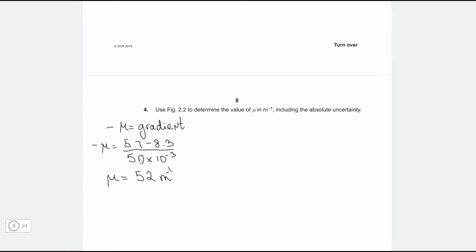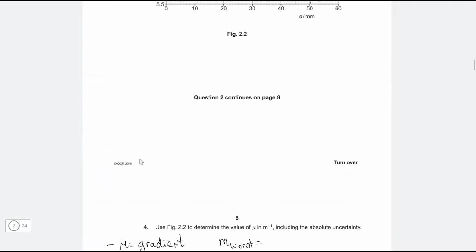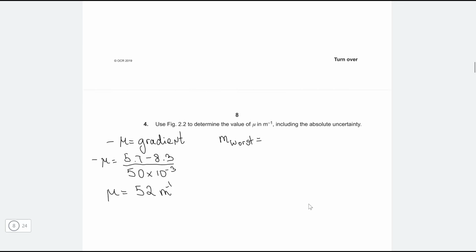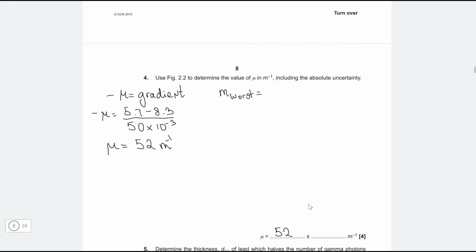Now, in order to determine the absolute uncertainty, we need to find the gradient of the line of worst fit. So let me just do that. I'm going to write m worst fit like so, and we can see that they differ a little bit. So we're going from 8.5 to about 5.6. Okay, well, our gradient of the line of worst fit will be equal to 5.6, which is our final y, take away the initial y, which was 8.5.